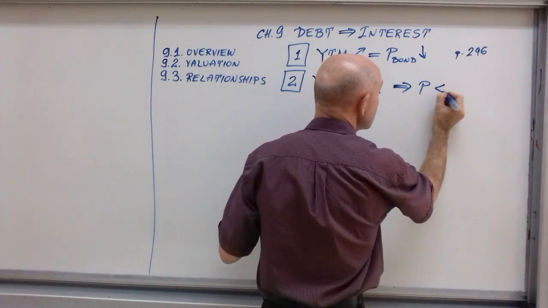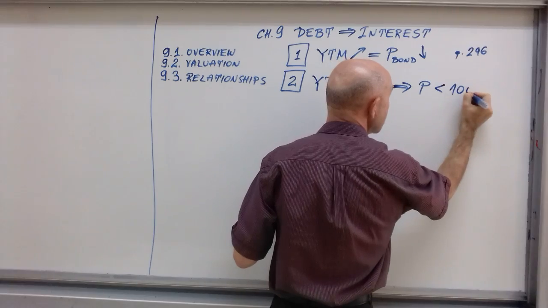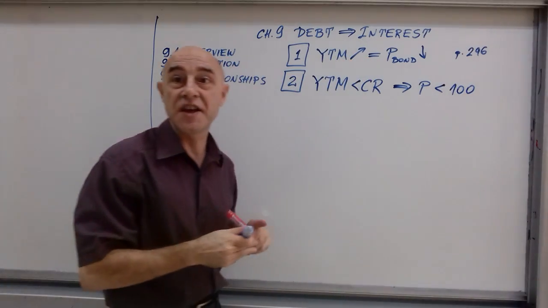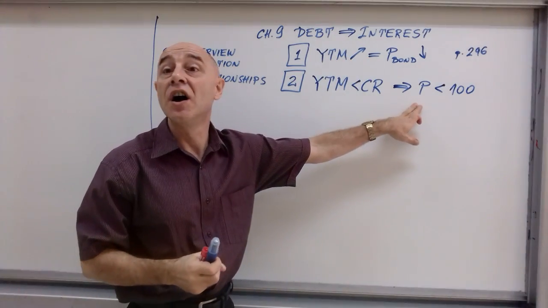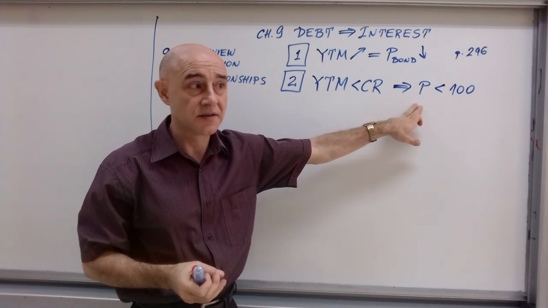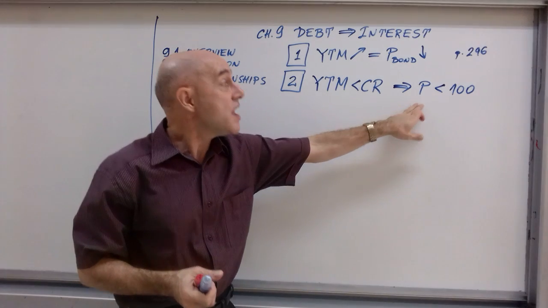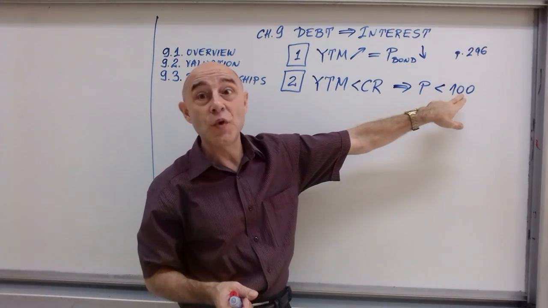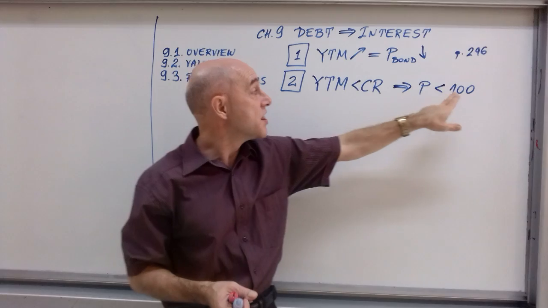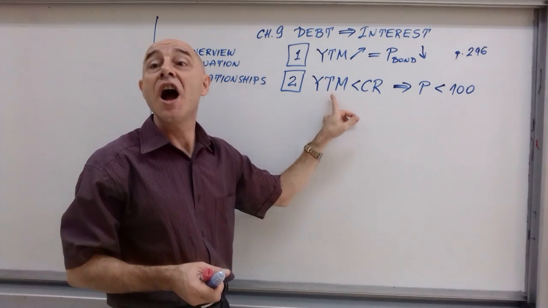So the price will be less than 100, same as 100%. If the price is less than 100%, the yield is higher.